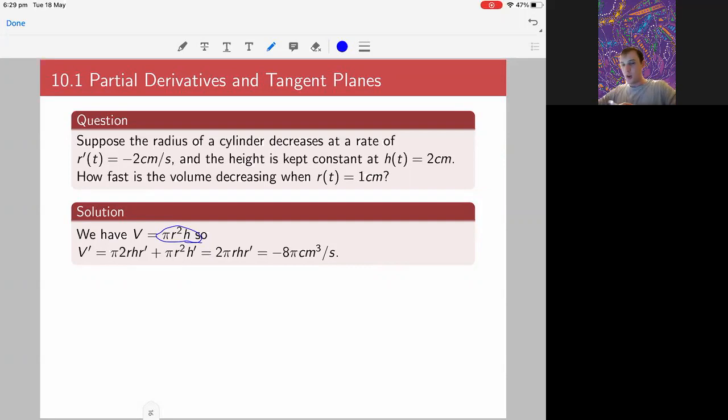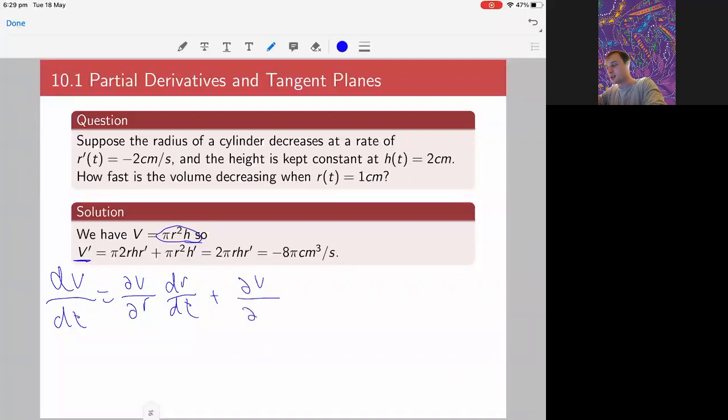So with the multivariable chain rule, we find that the derivative of v with respect to t is the same as, let me just remind you what the formula is. dv on dt equals the derivative of v with respect to r times dr on dt plus the derivative of v with respect to h times dh on dt.